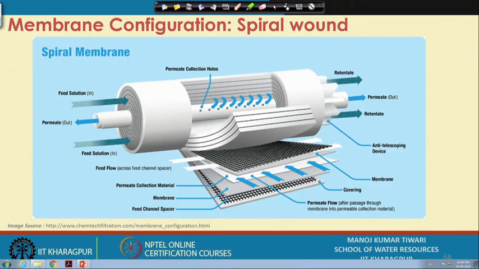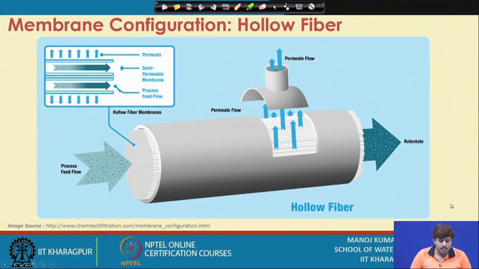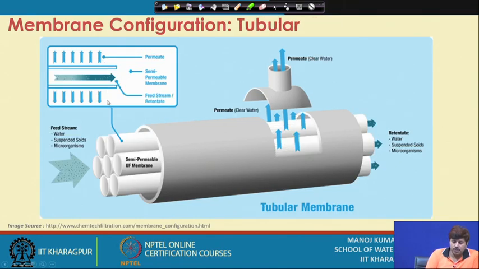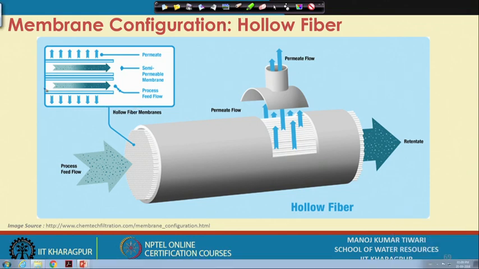Then we have hollow fiber membranes. There are various kinds of hollow fiber membranes, and one will be something like this. We can see that there are semi permeable membranes over here.